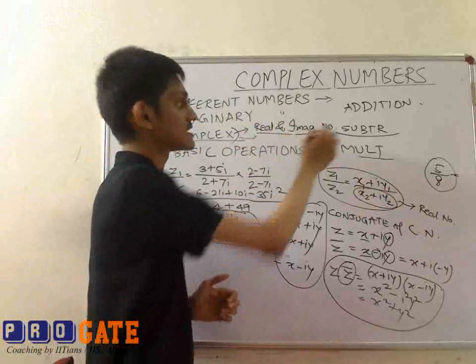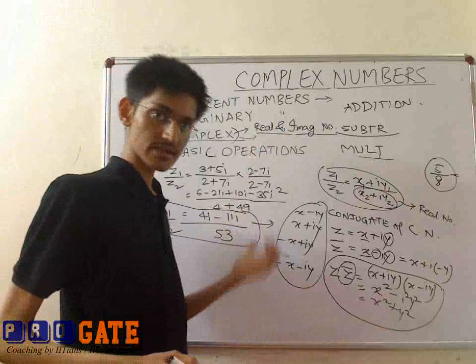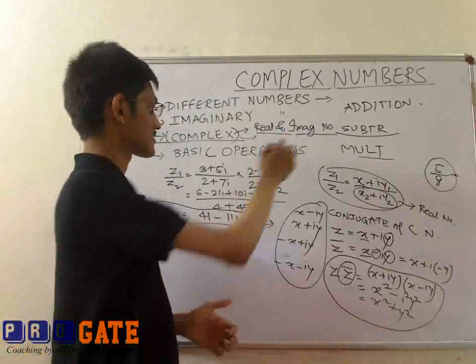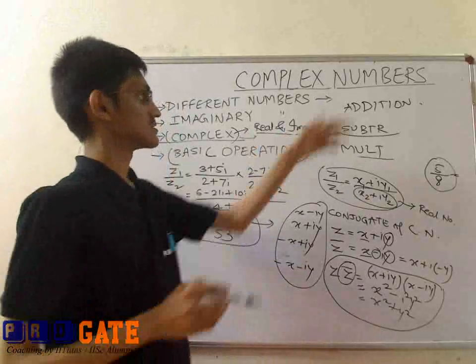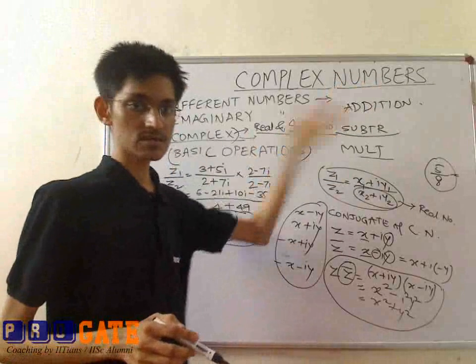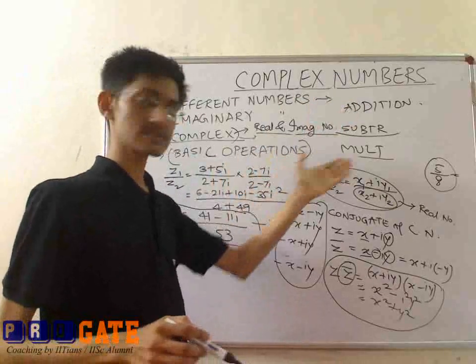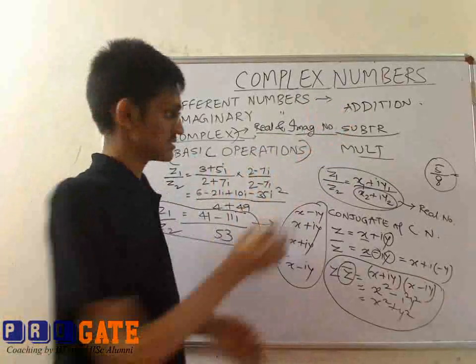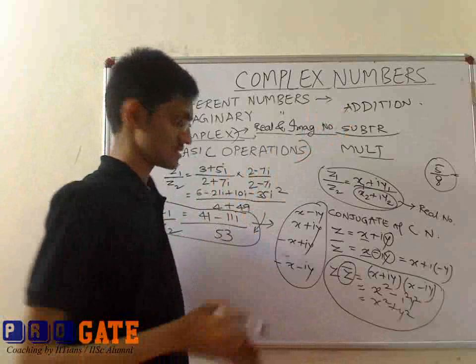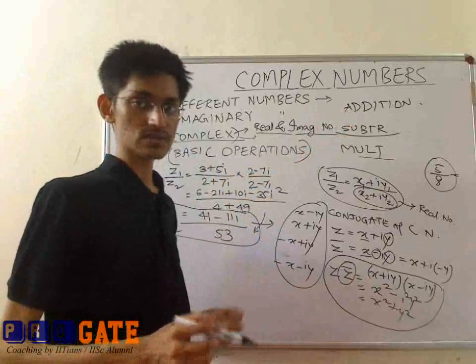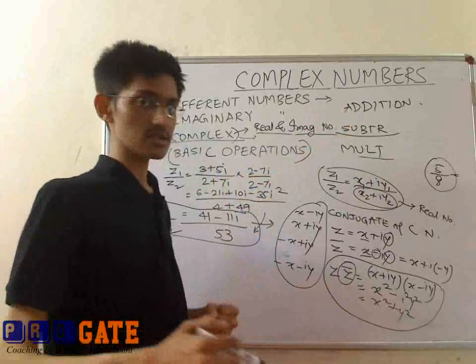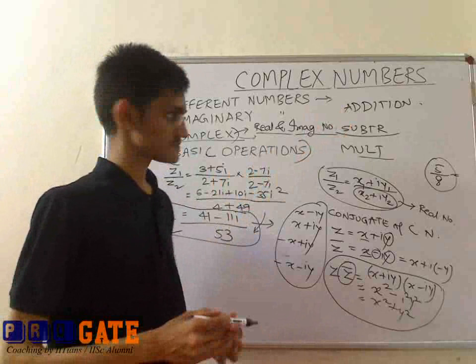It's a combination of real and imaginary numbers, so you have a real part and an imaginary part. The same operations you perform on real numbers are performed on complex numbers: addition, subtraction, multiplication, more or less similar. The only thing is division, where we make use of the conjugate to convert the denominator into a real number and then solve the problem.